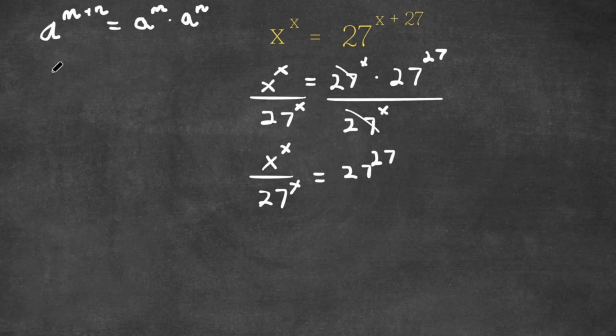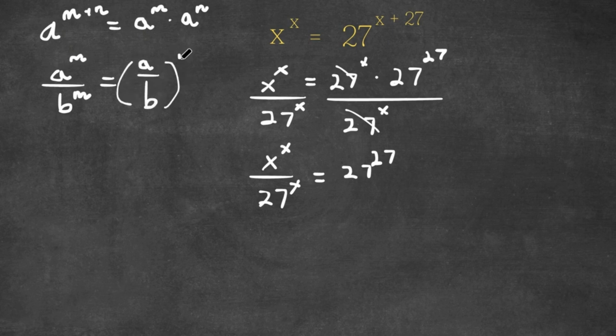Now, if I have something in the form a to the power of m over b to the power of m, so both of these terms have the same power, then this is equal to a over b to the power of m.